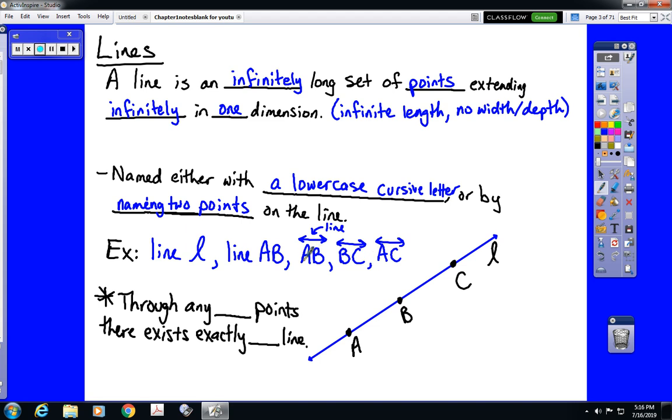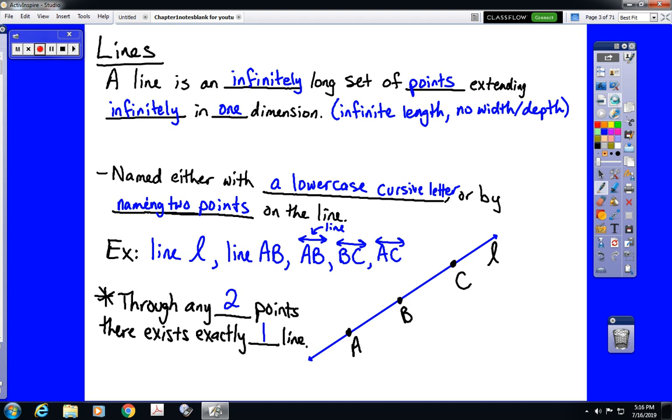So BA, CB, or CA, those are all the same line. Please note that through any 2 points, there exists exactly one line, which means that all of these are the same line. They're all this line right here, which contains points A, B, and C.